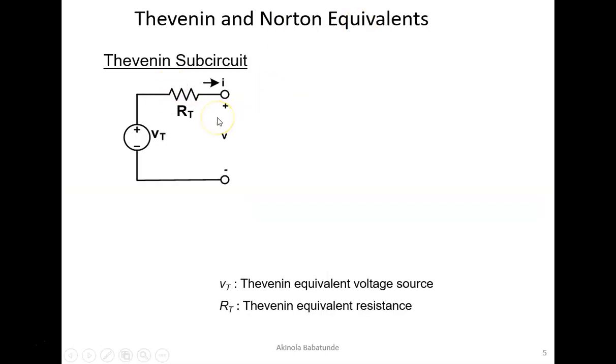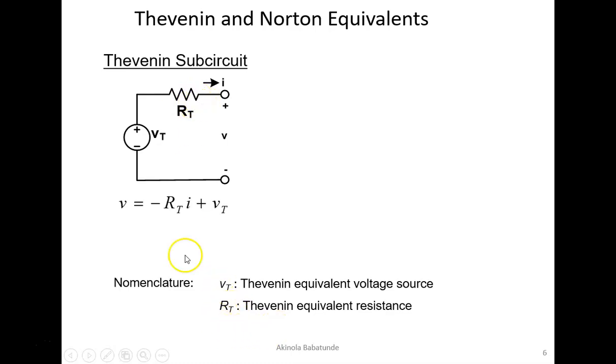Here is a Thevenin subcircuit. You can see we have the V Thevenin, which is our voltage source, and the R Thevenin, which is the equivalent resistance. You can see we have the voltage V here across two terminals, the positive and negative ends, and we also have the current I flowing through this resistance.